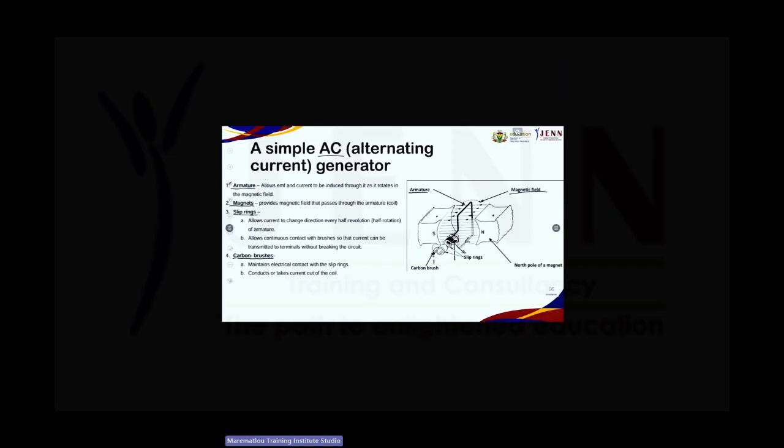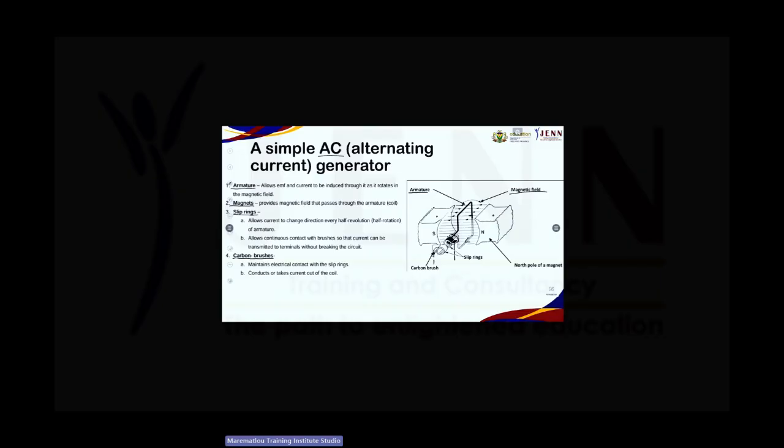Your carbon brushes are there specifically to complete the circuit. It maintains electrical contact with the slip rings, so that is to complete the circuit. And then it also conducts or takes current out of the coil.